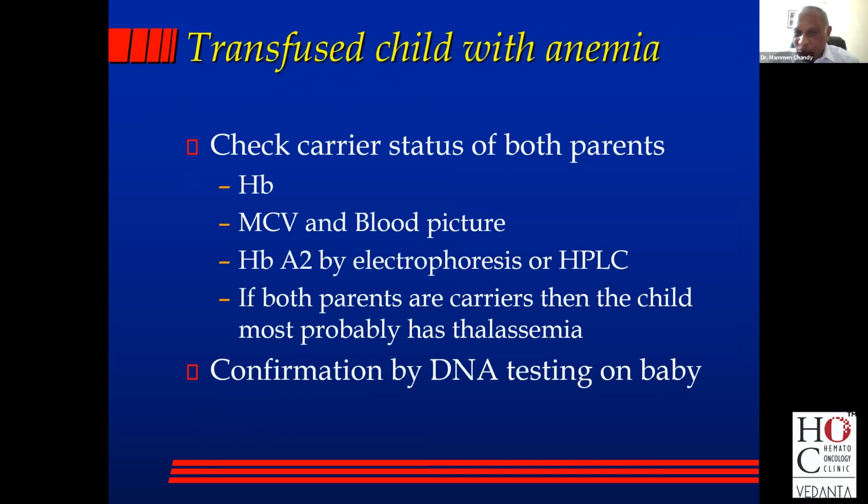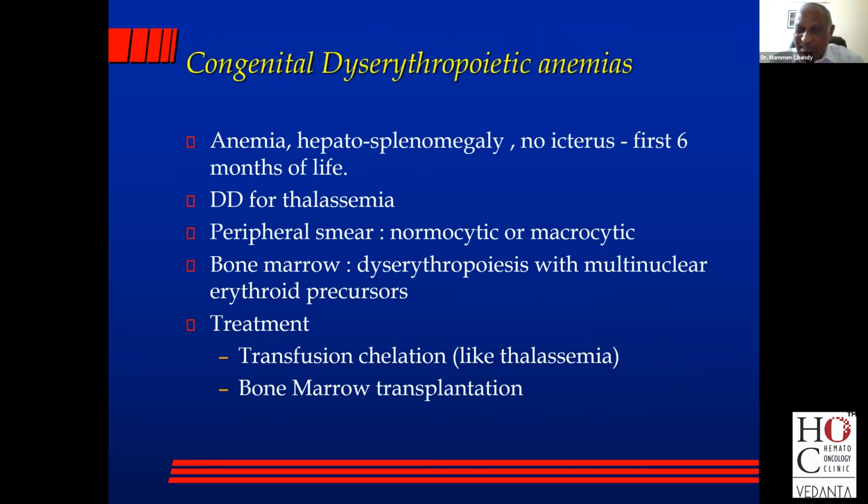If you do that and both parents are carriers and the child had a HB of 3 or 4 and was transfused when the child came to you, chances are that you're dealing with thalassemia and you need to do a confirmation by DNA diagnostics, right?